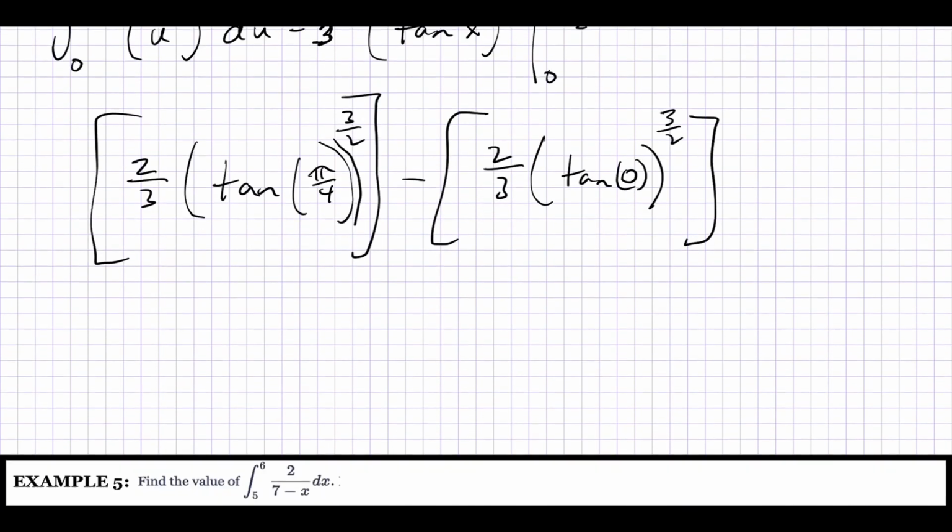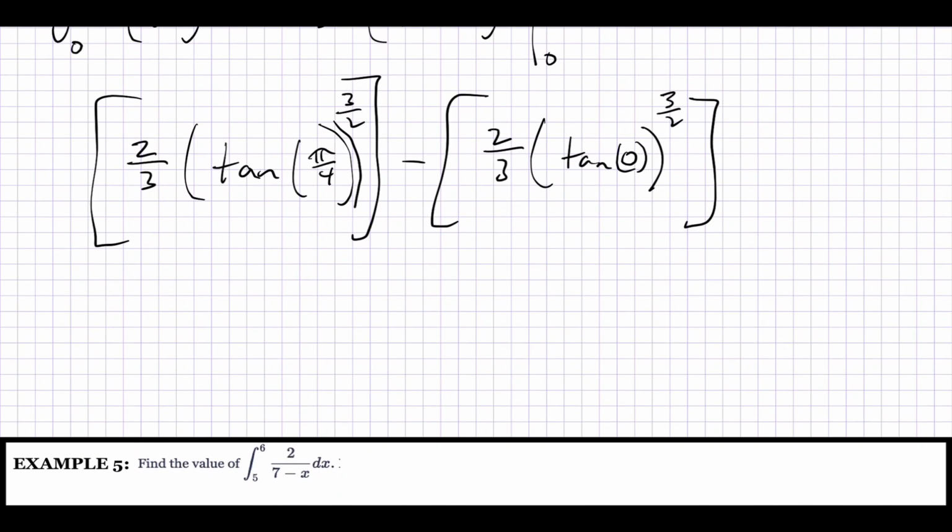What is tangent of pi over 4? 1. Alrighty.